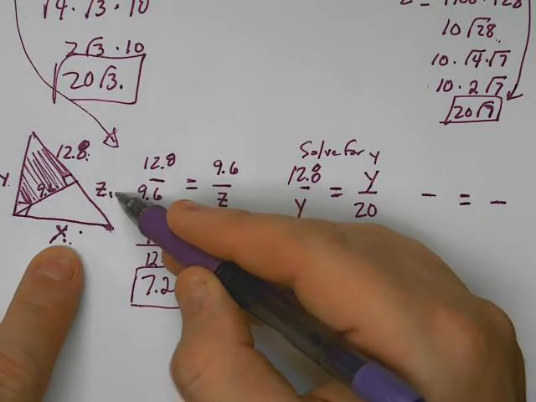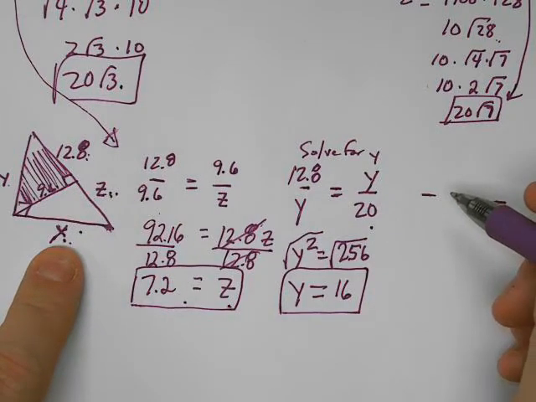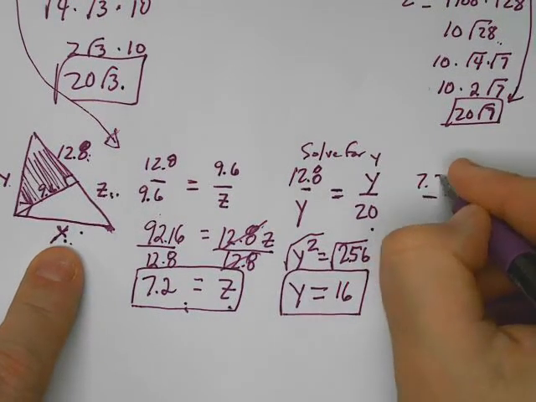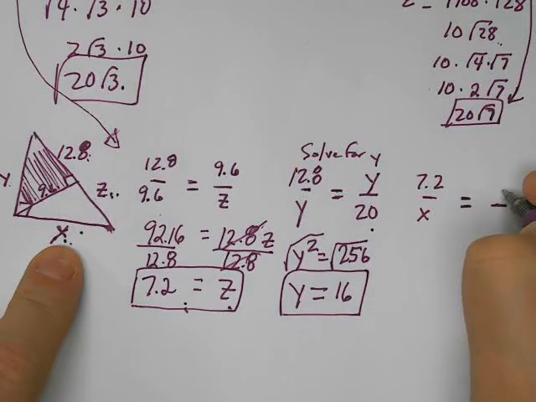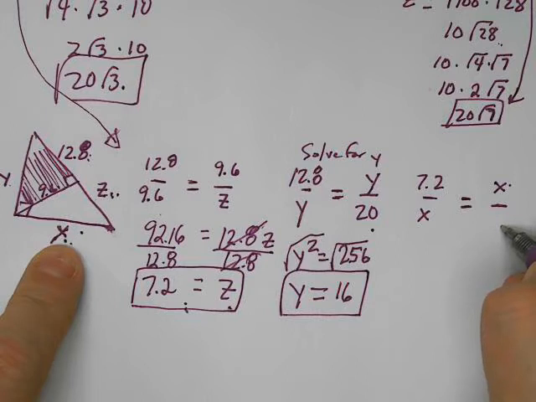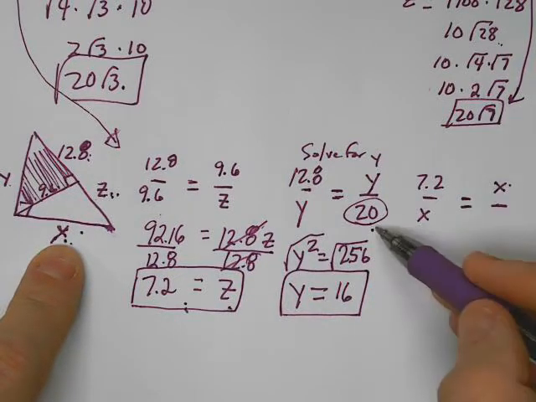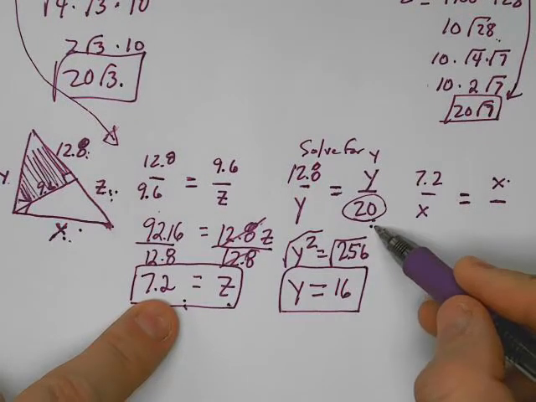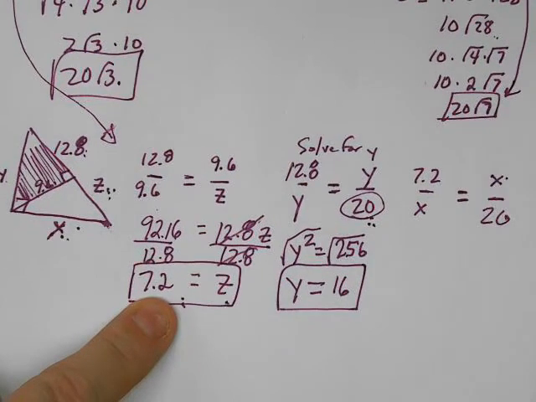What's the length of z? Good. It's already done for you. Just add them together. 12.8 plus 7.2.